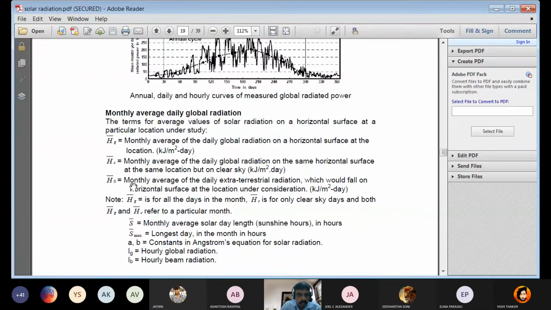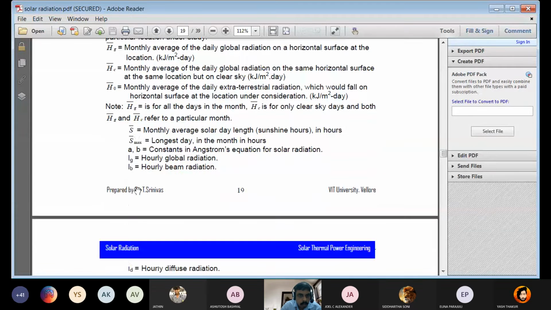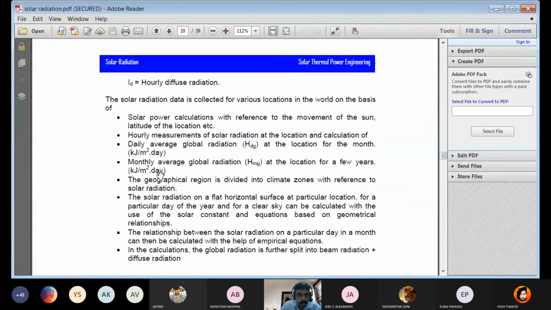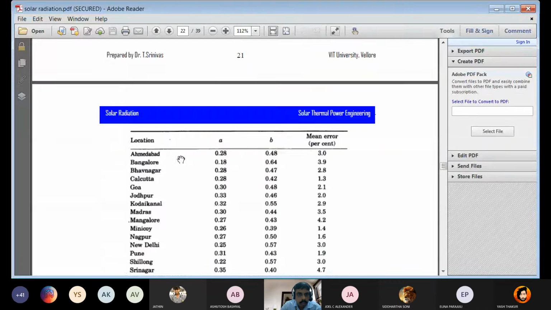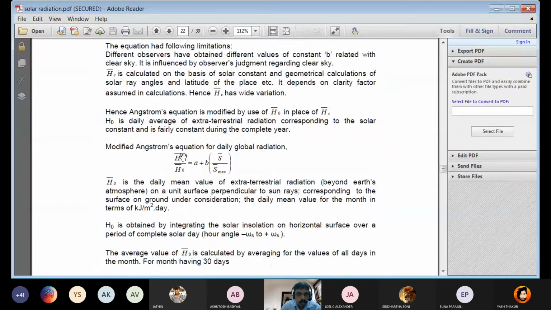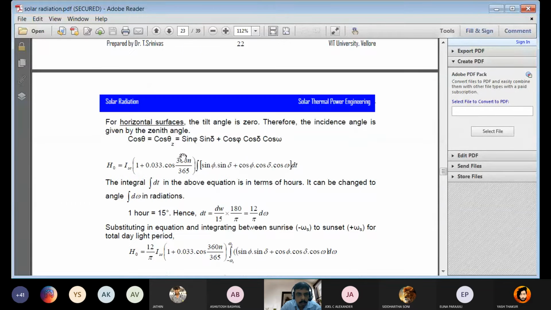For extraterrestrial radiation, we have another equation. What is the equation for extraterrestrial radiation? This is the equation, you can note down.